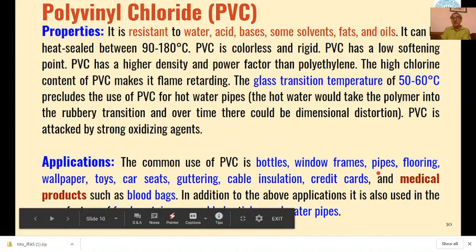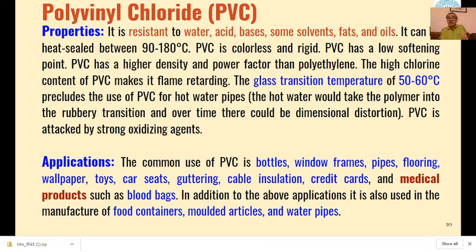In addition to the above applications, this is also used in manufacture of food containers, molded articles and water pipes.